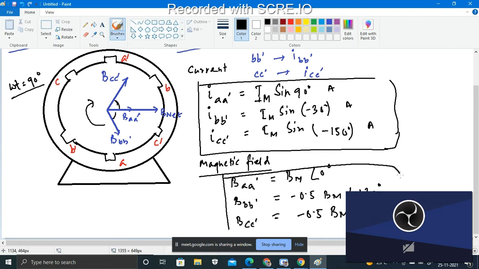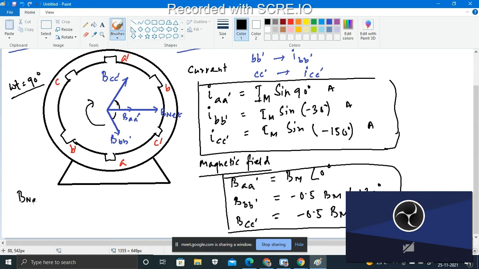So that is the magnetic field when omega t equals 90 degree rotation. So what will be the resulting net magnetic field? We have to add all those things.